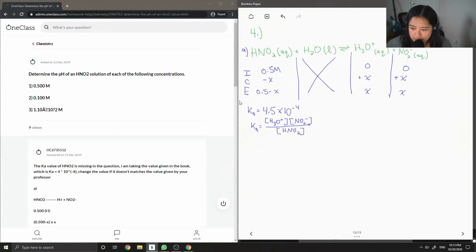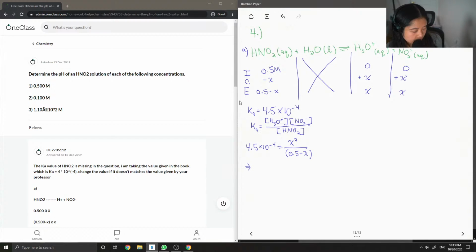So we know that the Ka is equal to 4.5 times 10 to the negative 4. And we know that the top two concentrations are the same. They're both x, so when you multiply two x's together, you get x squared, divided by the concentration of HNO2, which is 0.5 minus x.